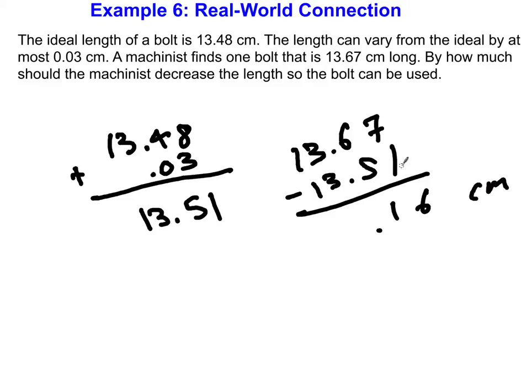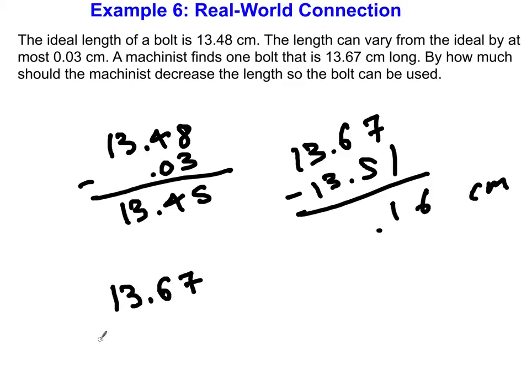And that's true. You do need to cut off 0.16 centimeters, but you can't cut off too much or the bolt won't work either. So you also need to find the minimum that the bolt can be. At minimum, the bolt can be 13.45 centimeters. So let's do 13.67 minus 13.45.